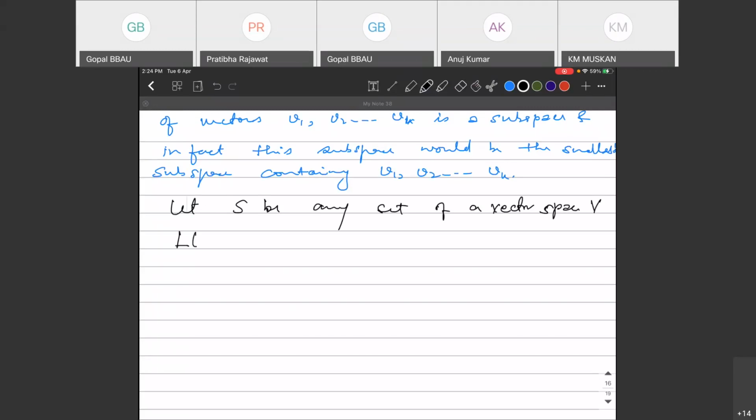So we define LS, the set of finite linear combinations of elements of S. So LS is nothing but this thing, alpha 1 v1 plus alpha 2 v2 plus alpha n vn, where n comes from the positive integers, so this means n is varying, and the vi come from S, and alpha i comes from K. We denote the set of all finite linear combinations of S by LS.